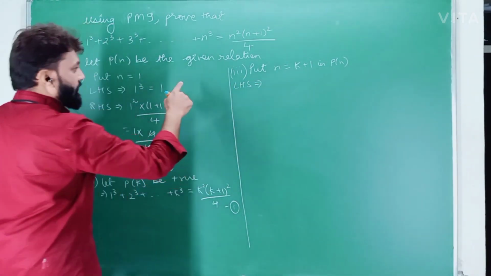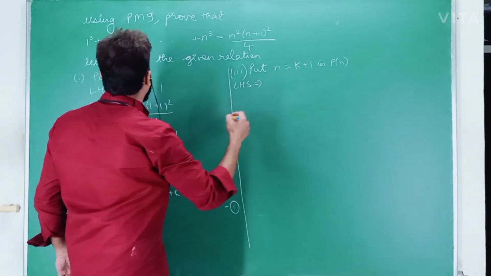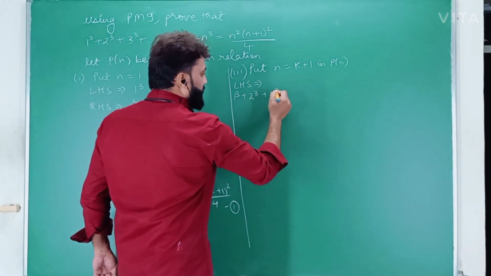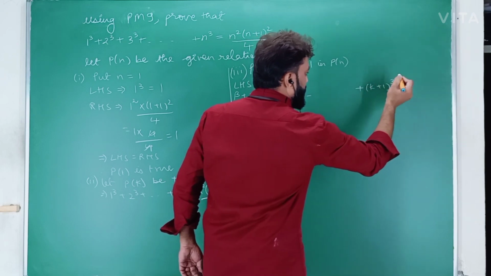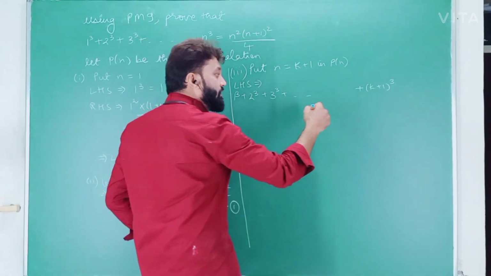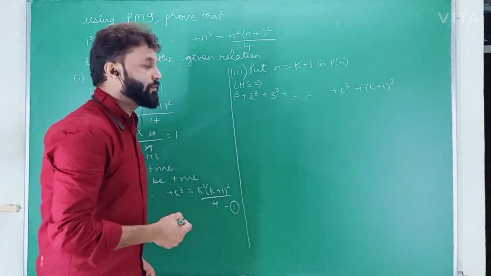LHS will be, wherever there is n, in place of that we will write k + 1. So this will be 1 cube, 2 cube, 3 cube and so on till (k + 1) whole cube. Now clearly the predecessor of k + 1, that is the preceding term, is k, so it will become k cube.